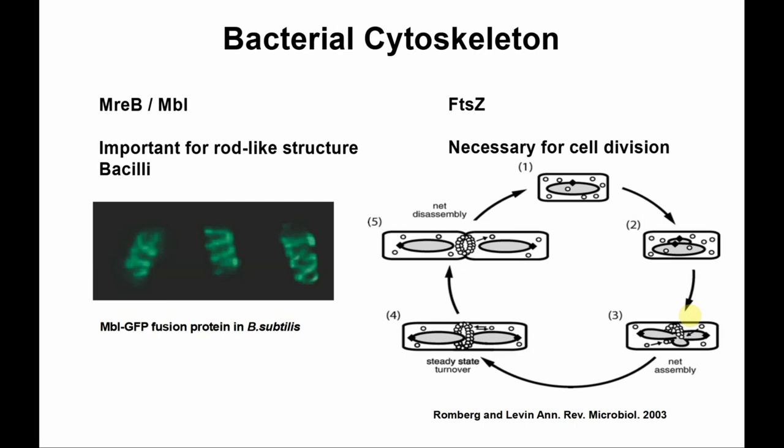During replication of DNA, it's going to form a ring. And this ring is what's going to be the scaffold for all the proteins that will pull the bacterium into two different daughter cells. Okay, so the FTSZ protein itself, that's not the protein that's cutting bacteria in half, but it's the scaffold where all these other proteins come to start dividing the bacterium into two cells.